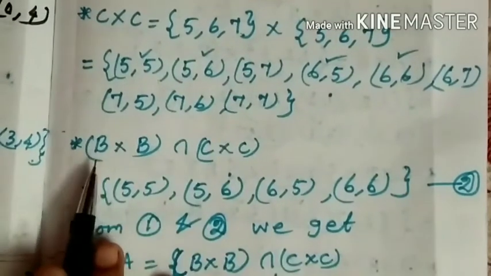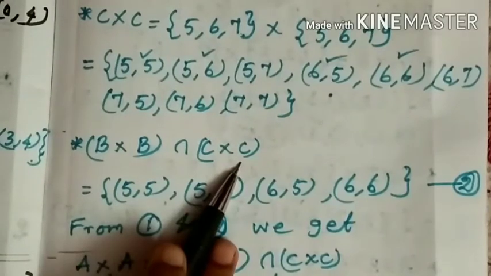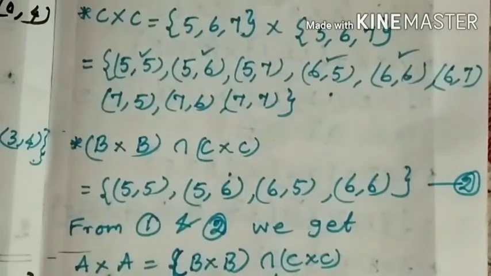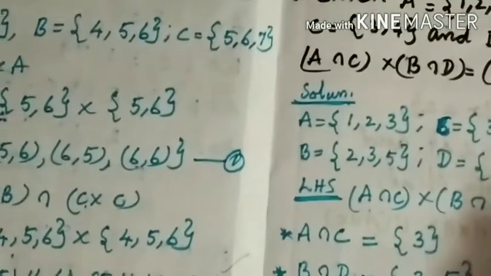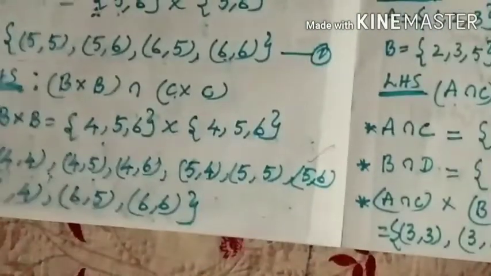Then last step, B cross B intersect C cross C. In both sets, write down the common pairs alone.